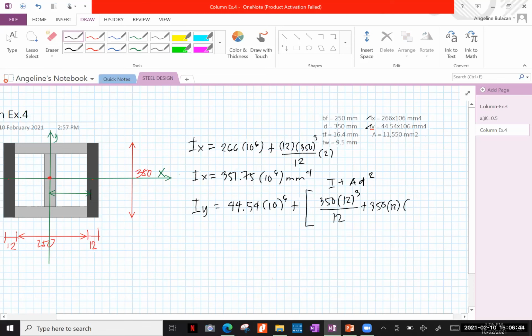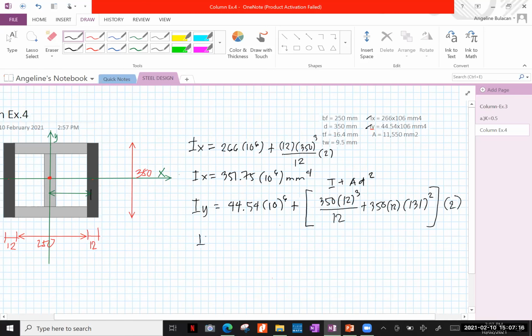So, kung 250 to, this is 125. 125 plus 6. Lagay ko na lang dito. This is 131 squared. Now, this is just for one member. Since dalawa yan, multiply ko to sa 2. Parehas lang naman yung distance and symmetrical nga. So, this will be the equation for your IY.